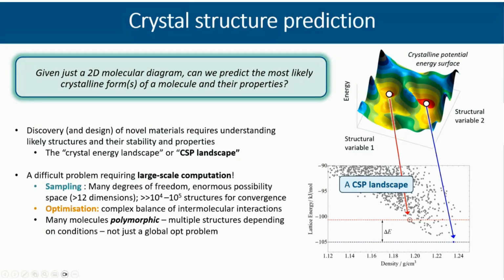and ranking them accordingly. And that's what you see here in the bottom right, a plot of a CSP landscape where we have the various different hypothetical structures ranked by lattice energy.